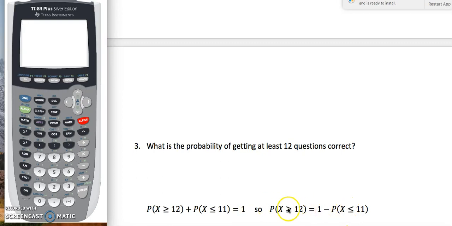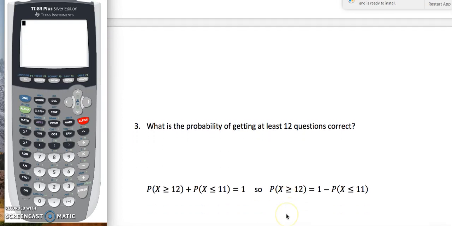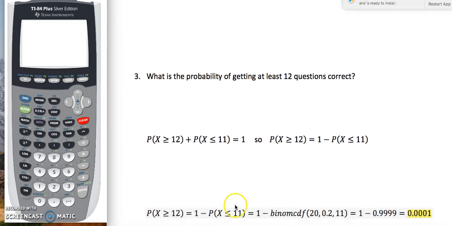So that's what we're going to go ahead and do to calculate this greater than or equal to. So the probability that x is greater than or equal to 12, so we have 12 or more questions correct, is equal to 1 minus the probability that we have 11 or less correct. So that's 1 minus, and binomial CDF is what we're going to use here.